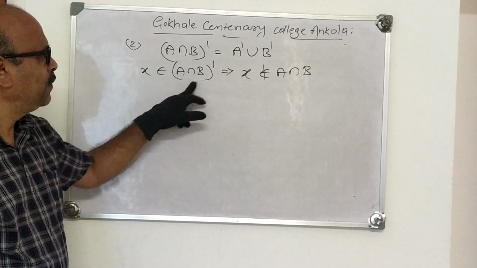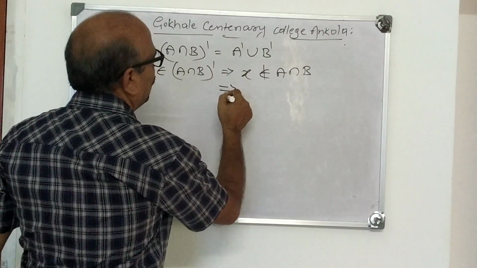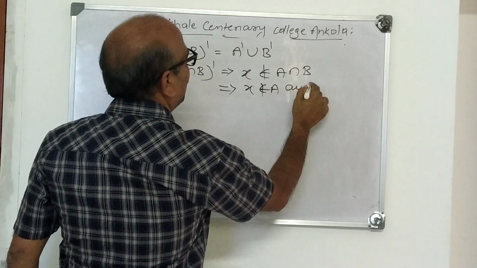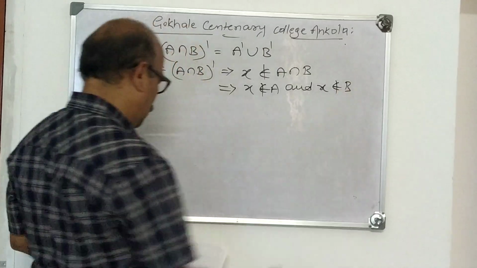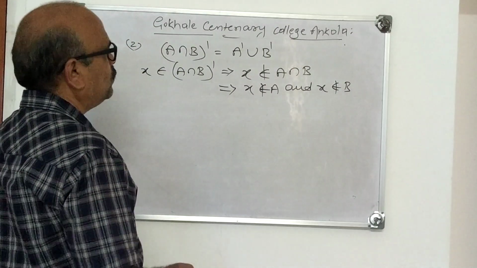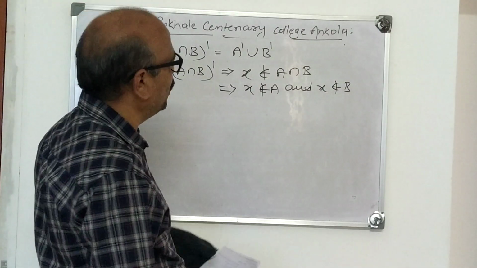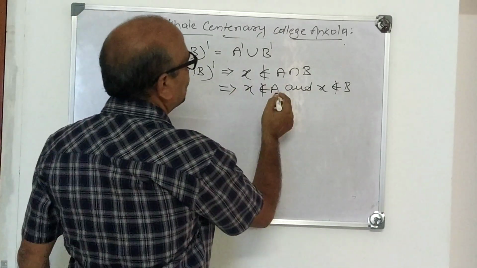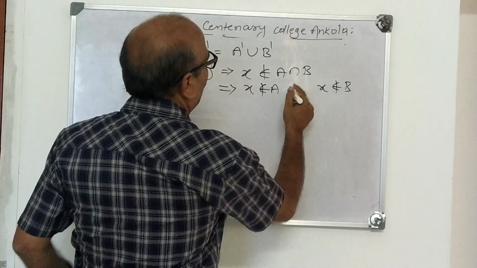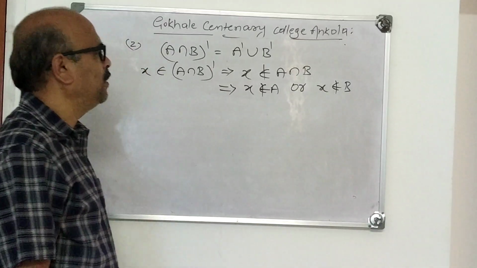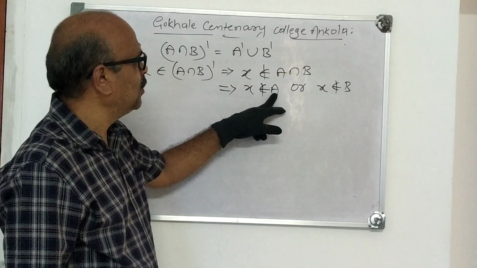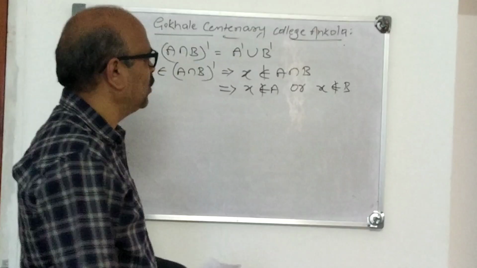What do we mean by complement? x doesn't belong to A intersection B. By definition of intersection, x doesn't belong to A or x doesn't belong to B.